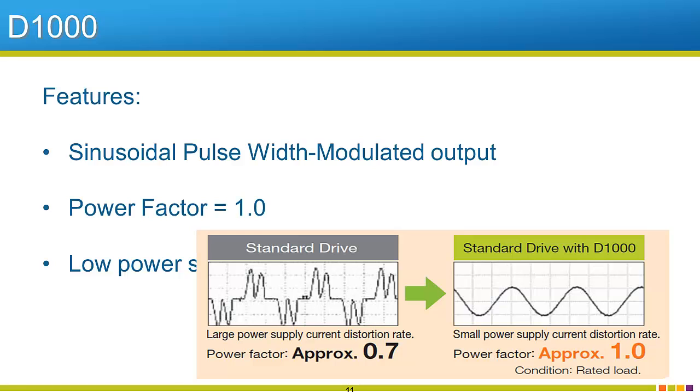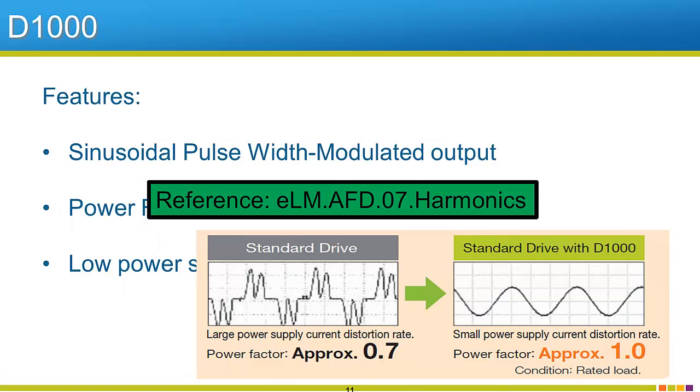The resulting mitigated current distortion on the utility from using the D1000 allows for smaller power supplies, smaller cables, and decreased cost of operation. For a more in-depth explanation of harmonics, check out our ELM. It is titled elm.afd.07.harmonics.